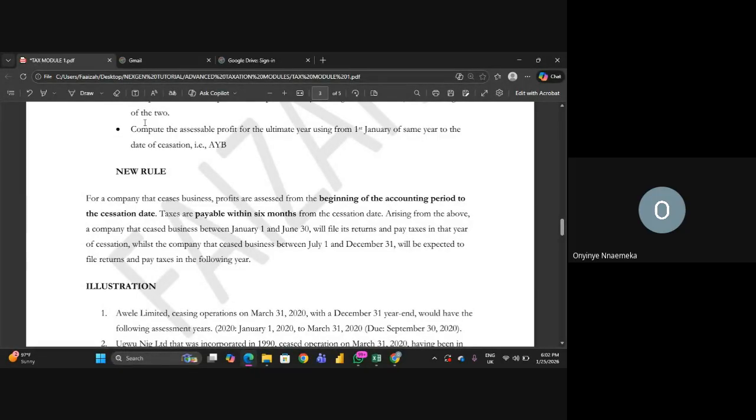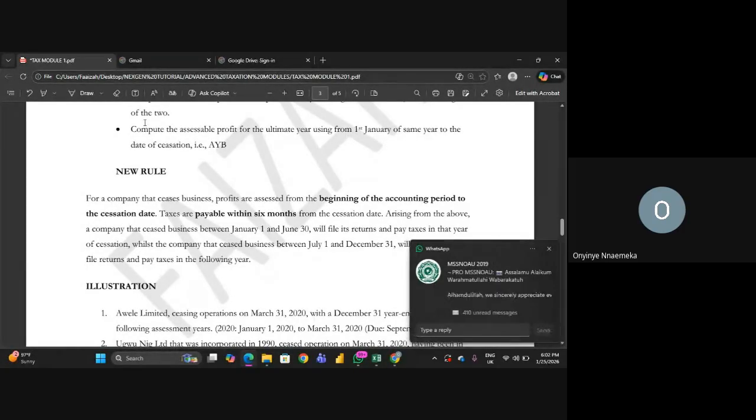January to June means they can still pay tax in that same year. If the business ceases in April, counting six months after April, we are still in that year, so the deadline for paying tax falls in that year, and that year serves as their year of assessment.